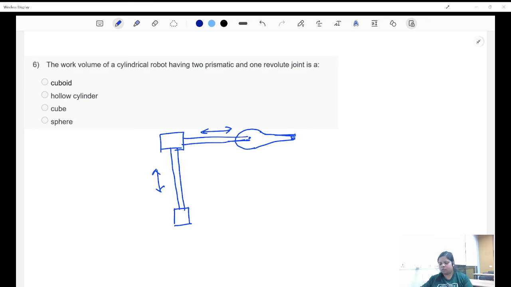Okay. So it is like this if this is a revolute joint. So it is going to spin, right?